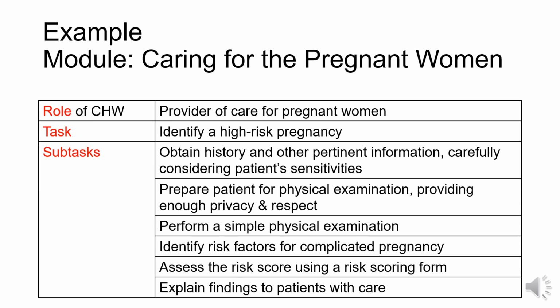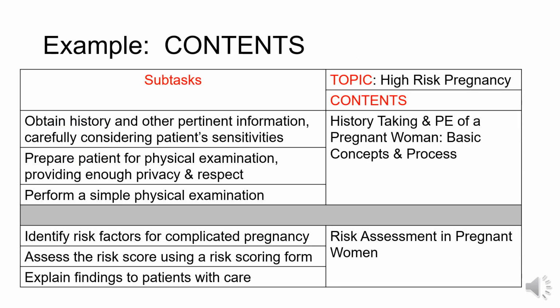The subtasks are itemized as follows: obtaining relevant history, performing a physical examination, identifying risk factors for a complicated pregnancy, assessing the patient's risk, and explaining the findings to the patient. These tasks are grouped together to form the content for the topic. The first 3 tasks deal with getting the history and physical examination, and the next 3 pertain to risk assessment.